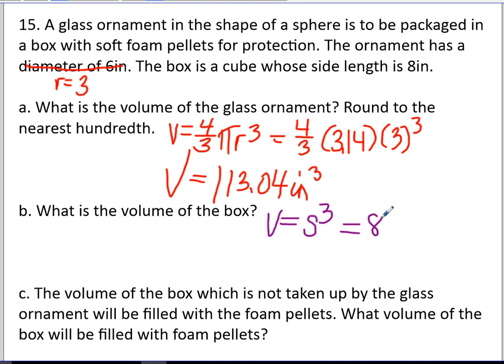So we have 8 cubed, 8 to the third power. And if we plug that into the calculator, 8 times 8 times 8 is 512. And again, cubic inches.